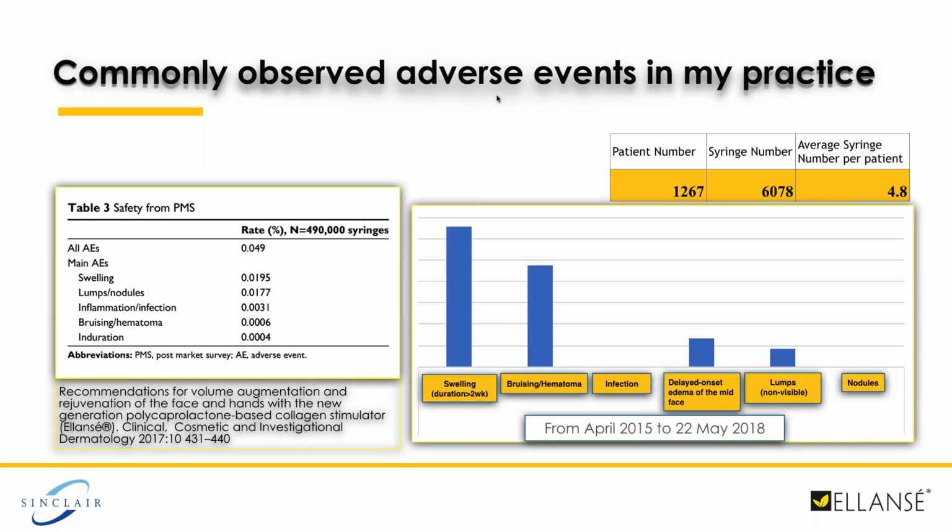I myself also reviewed the patients that I've treated during the past 3 years, between April 2015 and May 2018. Among 1,267 patients treated with a total of 6,078 syringes used, the average number of syringes per patient was 4.8, and the most commonly observed adverse events were swelling, bruising, delayed onset edema of the midface, and non-visible lumps in my database, which is generally consistent with the post-market survey.